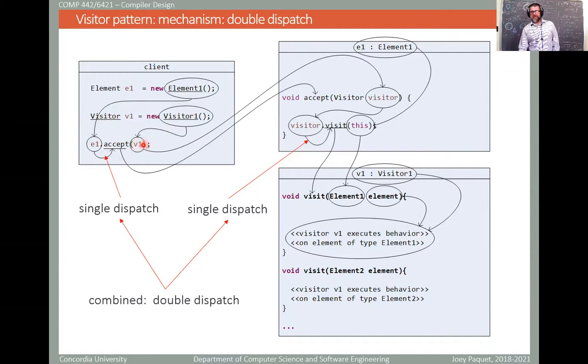But when it comes here and executes this method, then dynamically at runtime, it knows that this visitor is actually of type visitor one. That's why when it calls visitor.visit here, it knows that this visitor is of type visitor one at runtime. That enables it to call visit of the right kind of visitor. That's how it does this double dispatch.